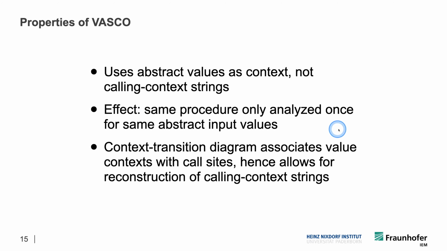The effect of this is that the same procedure is only analyzed once for the same abstract input values. So if you have two equivalent calling contexts, there's only the need to analyze the callee procedure once, and then you can reuse summaries.